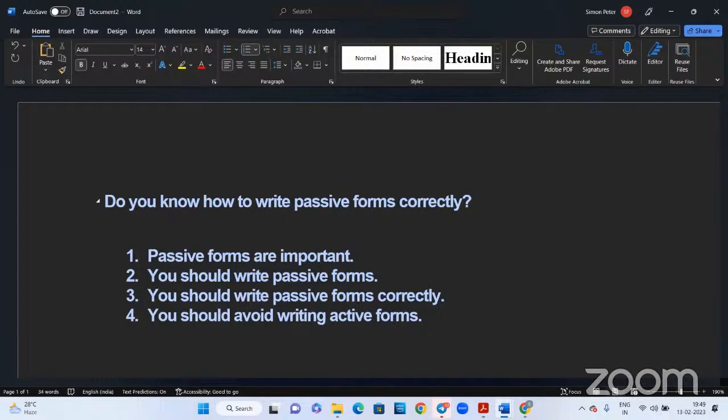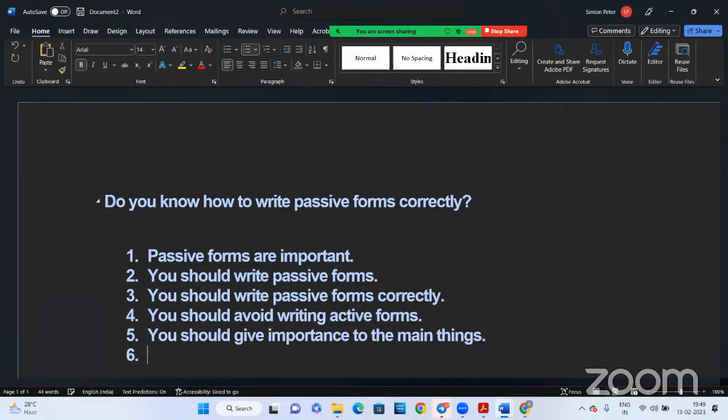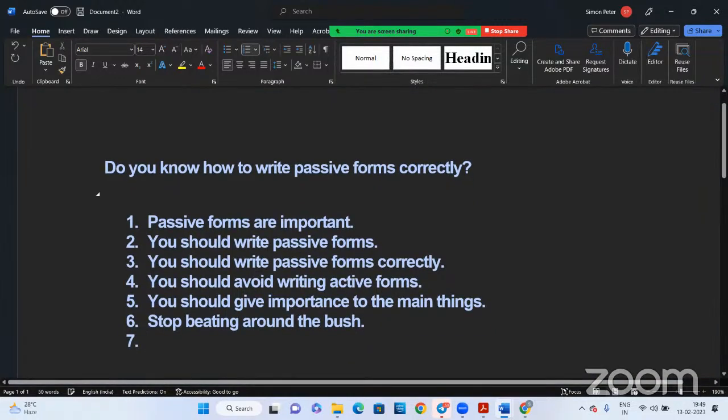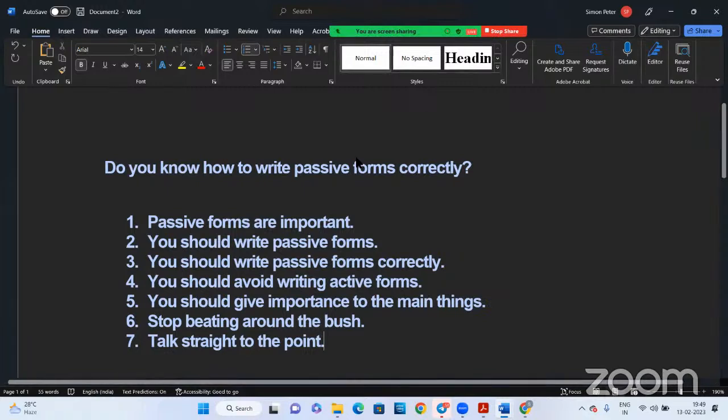This says that you should give importance to the main things. That means stop beating around the bush. That means talk straight to the point. That's it. So, do you understand the importance of what I am telling you?